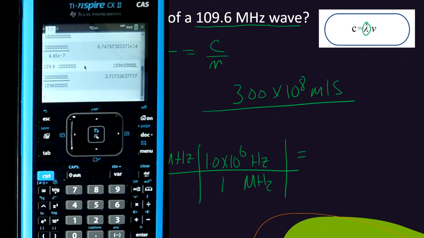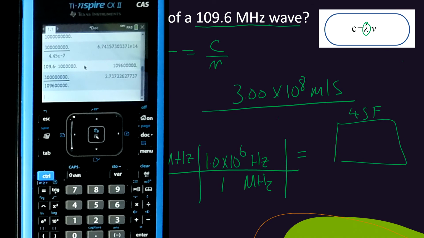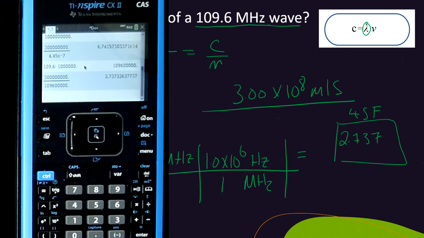So looking at our question, we need to have 4 significant digits. So we will put 2.737. And our wavelength, here it is in meters. So we're putting this answer in here.